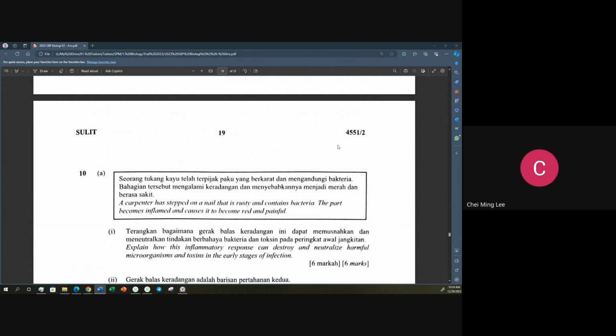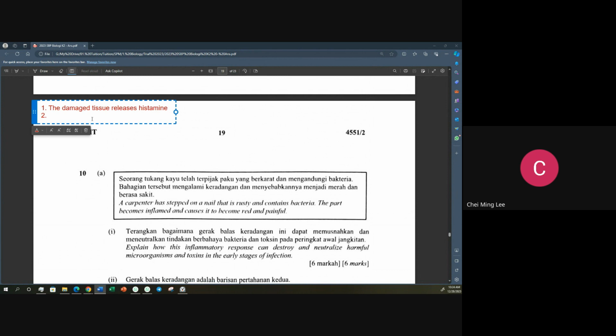Now, at first, the damaged tissue will release the histamine. So this histamine is used to trigger the inflammation process.